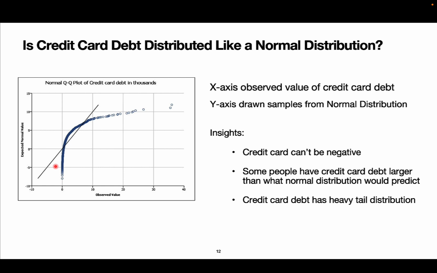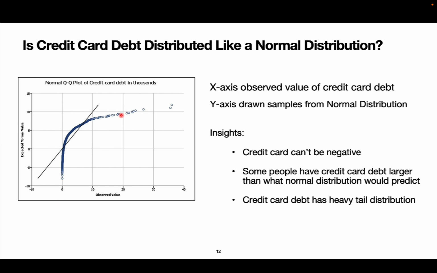In this application, is credit card debt distributed like a normal distribution? So the key idea here is to use the data set that we have for the credit card debt as the x values and generate normally distributed values using a specific mu and sigma for the y values.